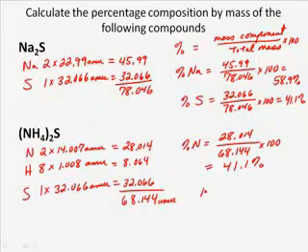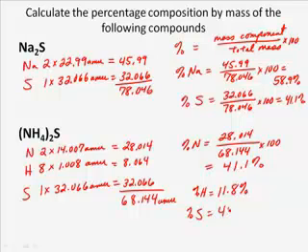And then I'll let you finish these out or work these and check your answer. So for the hydrogen, you should get around 11.8%. And the sulfur, you should get 47.1% on that. Okay, so that's percent composition.